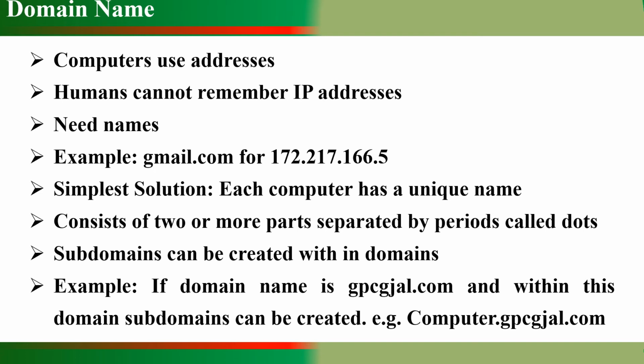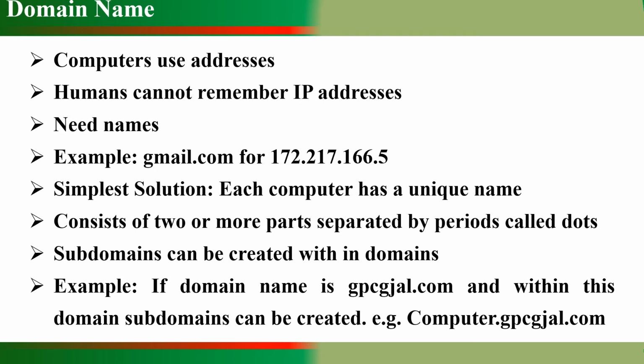So if we want to visit a website, we don't need to enter an entire long string of numbers. Instead, we can visit any website by typing an easy to remember domain name in the browser's address bar. So a domain name is the address of a website that we type in the browser URL bar to visit a website.